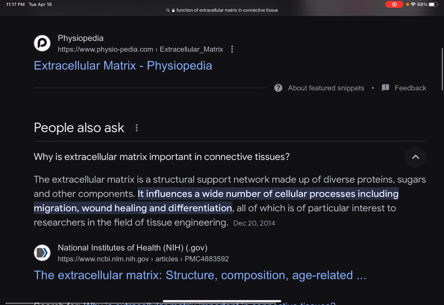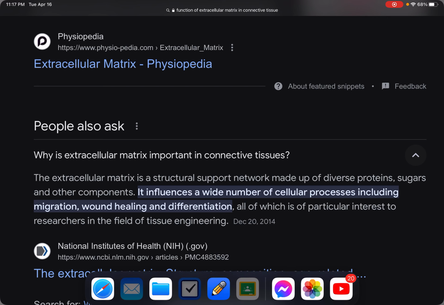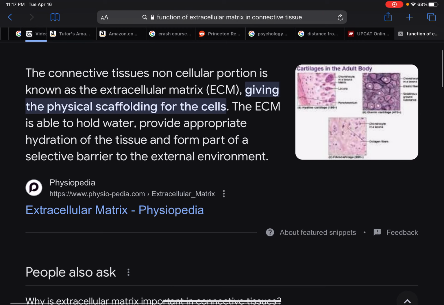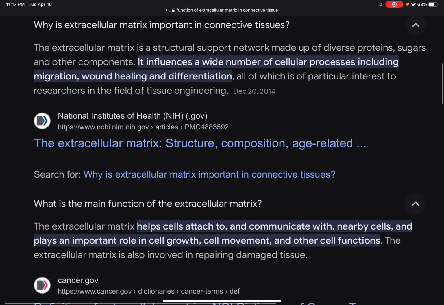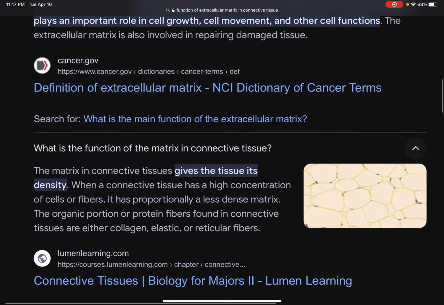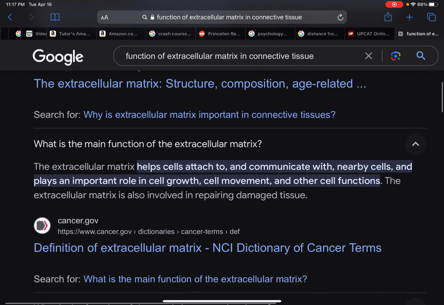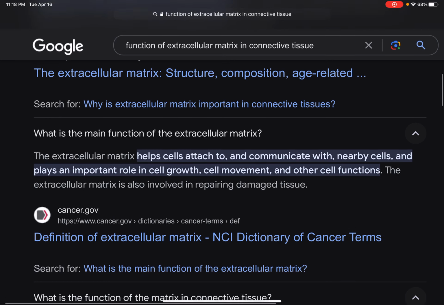Basically support, physical support. So tissue density, that's what's provided in the presence of an ECM. Repairing damaged tissue.